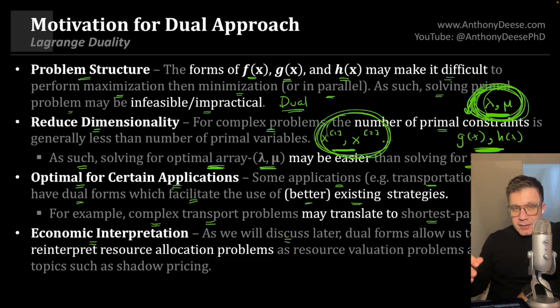As we are going to discuss in the very last module, where we dive into this one pretty deeply, the dual form may allow us to reinterpret a resource allocation problem as a resource valuation problem and discuss topics such as shadow pricing. I could talk about that in a little more detail here, but since we have another module that's discussing that topic specifically, I feel like we can just wait till then.